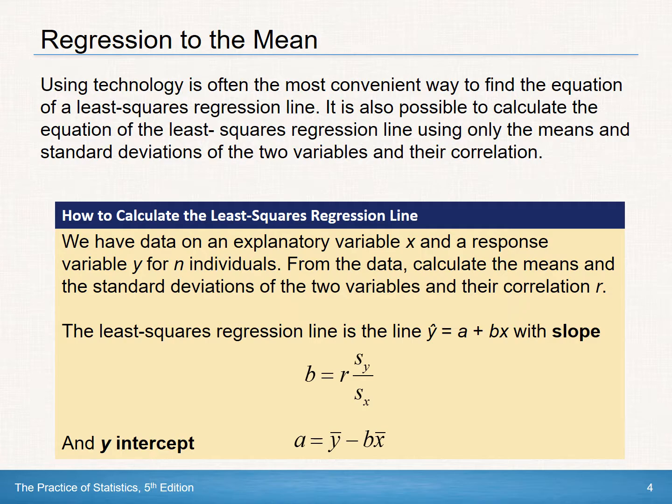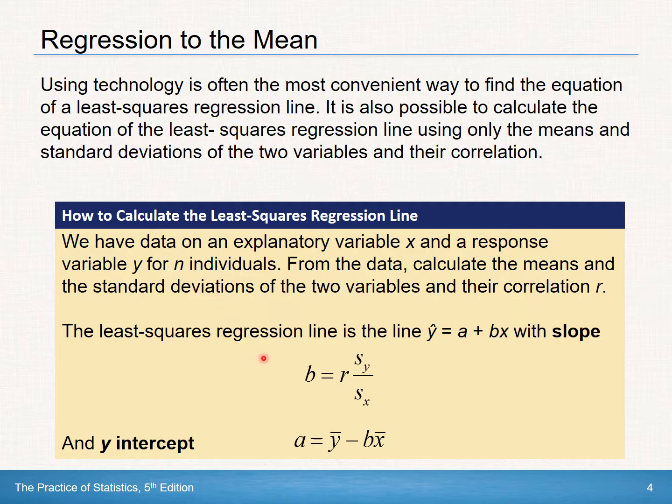Using technology is often the most convenient way to find the equation of the least squares regression line. It is also possible to calculate the equation of the least squares regression line using only the means and the standard deviations of the two variables and their correlation. If we have data on an explanatory variable x and a response variable y for n individuals, from the data, calculate the means and the standard deviations of the two variables and their correlation r.